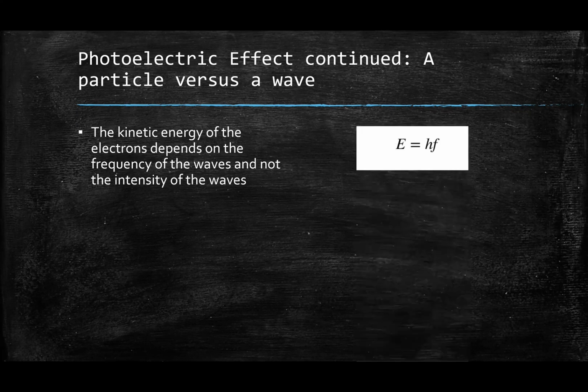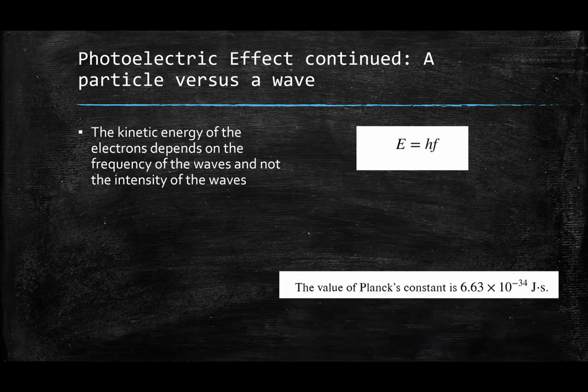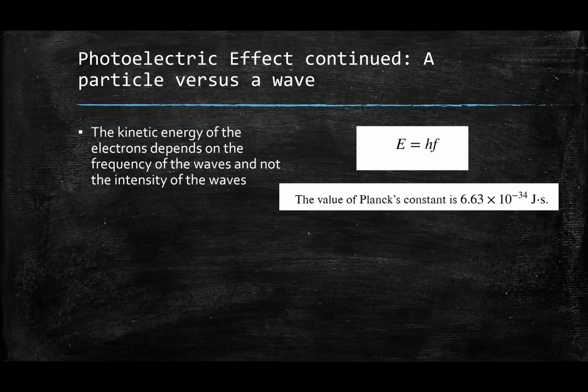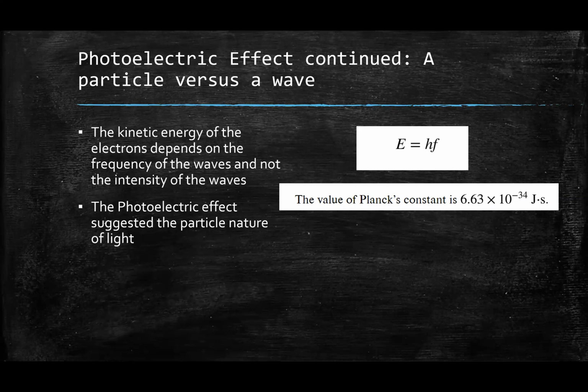And the equation for that energy is E = hf, f being the frequency of the wave, and the h there is a constant called Planck's constant, which is 6.63 times 10 to the negative 34 joule seconds. And the photoelectric effect then suggested the particle nature of light. And how was that?